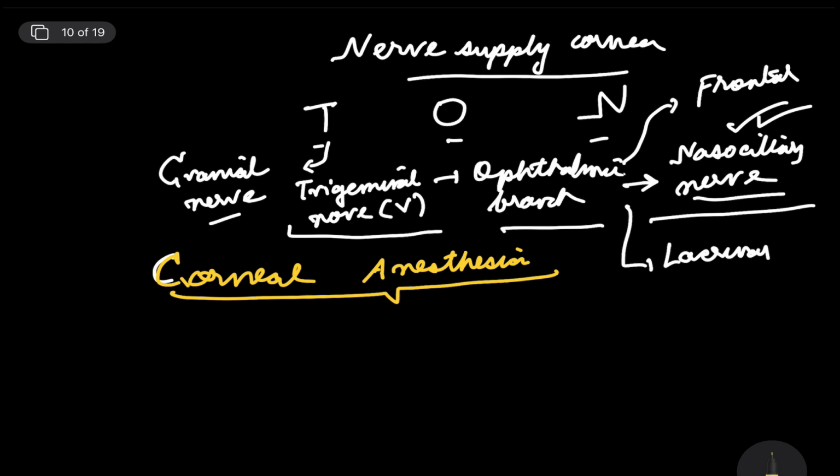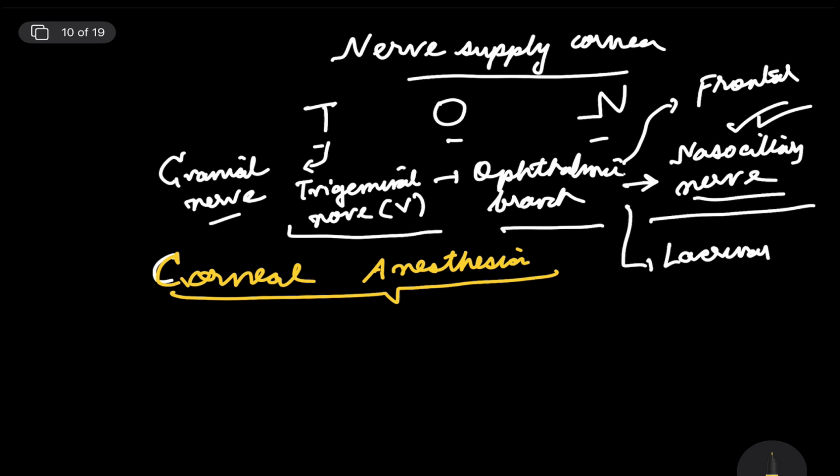Obviously, when I'm talking about corneal anesthesia, I haven't mechanically done anything to induce it. If I apply some local anesthetic agent on the cornea, then obviously it will become anesthetized, but that is not what we are talking about here. We are talking about some pathologies or other causes which lead to corneal anesthesia.